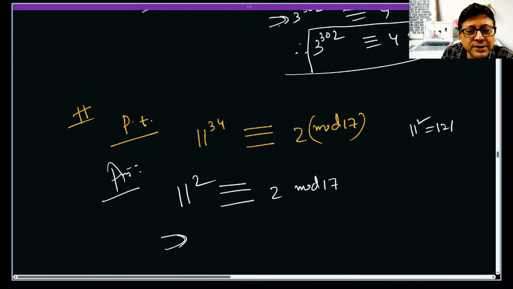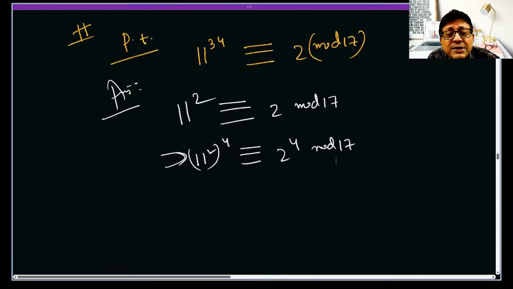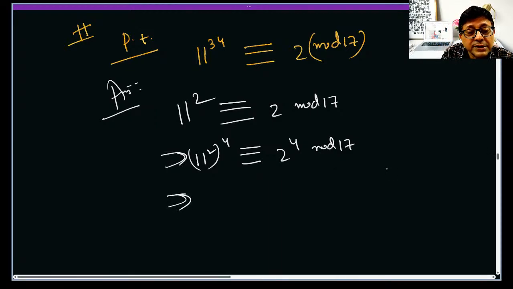So this implies 11 square to the power 4 is congruent with 2 to the power 4 mod 17. You agree or not? And why 4? Why not 17? Why is the index not raised to 17? Because 2 to the power 17 will come. It will create huge trouble. On the other hand, this is giving us a very simplified form.